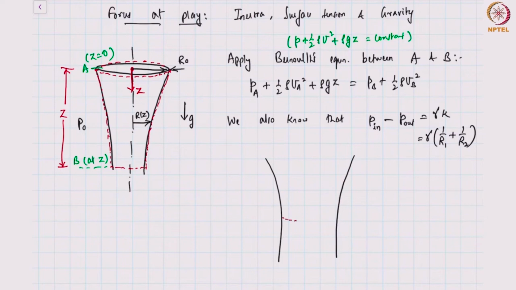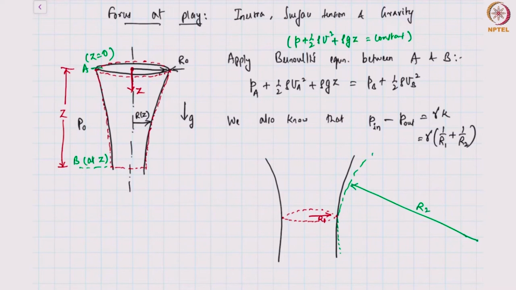There's one radius of curvature which is inside the jet, inside the liquid. We'll call this R1. There is another one which is taken outside. This we'll say is R2. I'm showing you the radius of curvature.